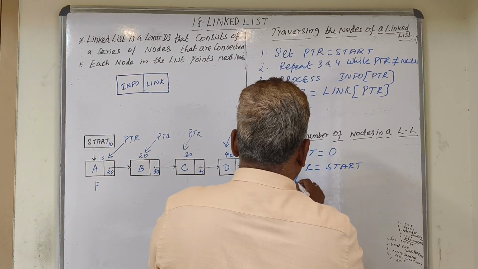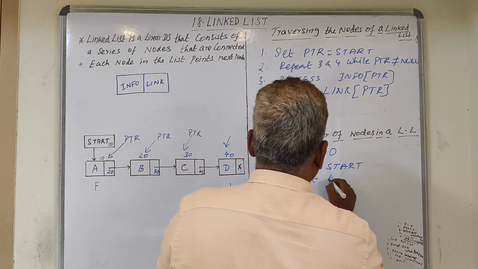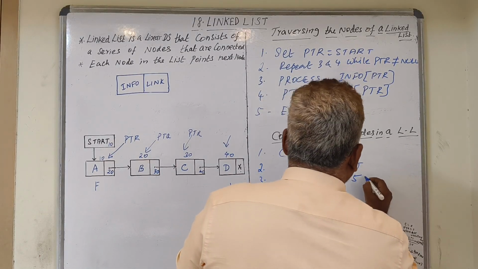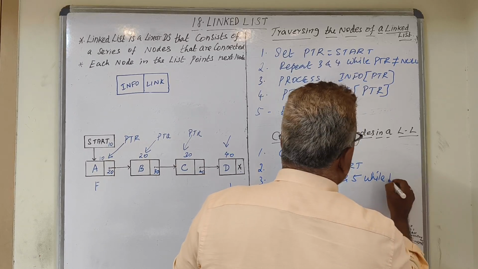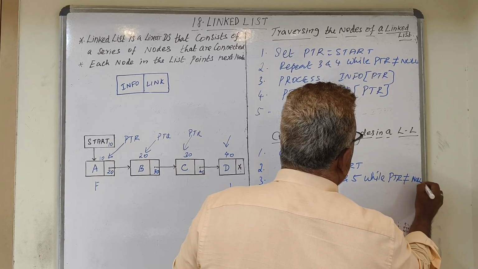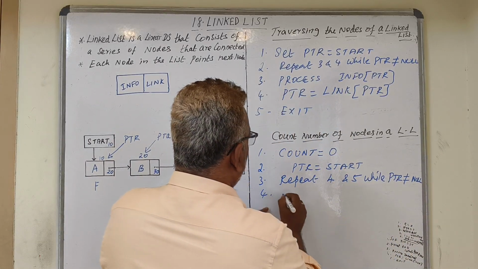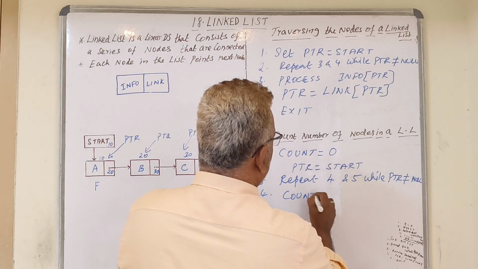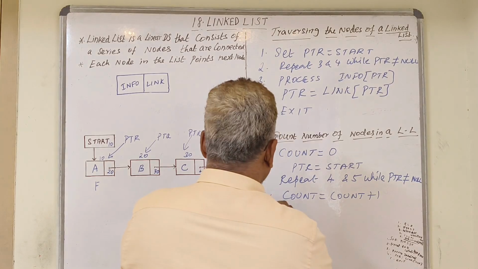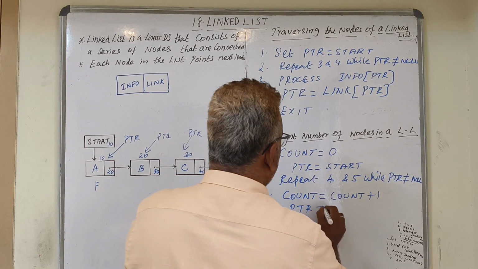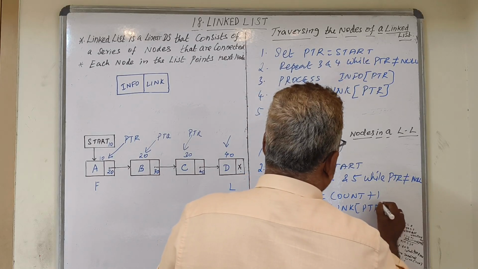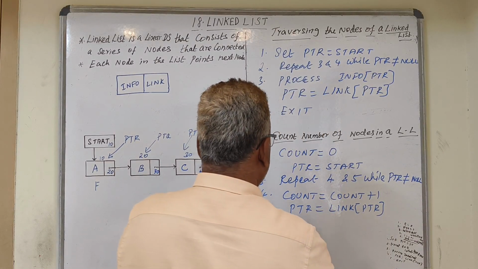Now we repeat steps 4 and 5 while the same condition holds, PTR is not equal to null. Here the count value is incremented by 1, and in the last statement we move the PTR value to the link of PTR, and finally exit.